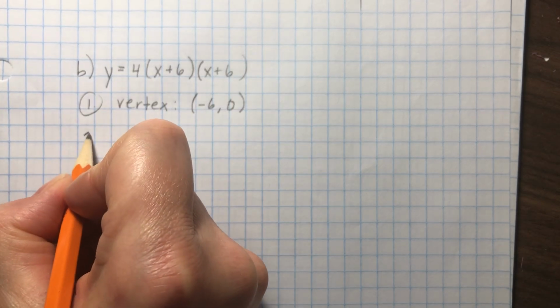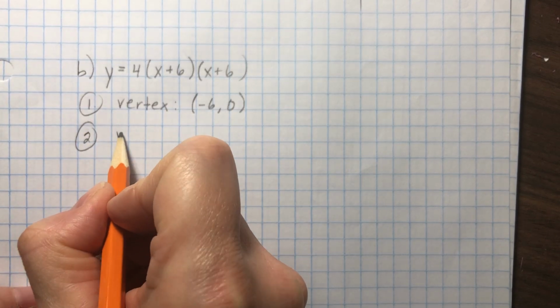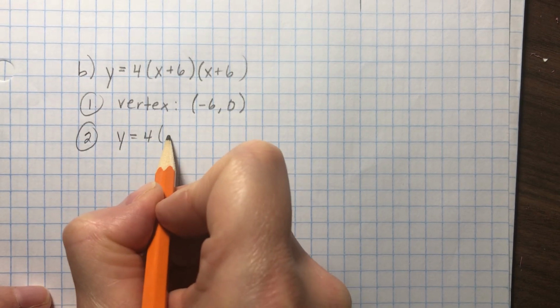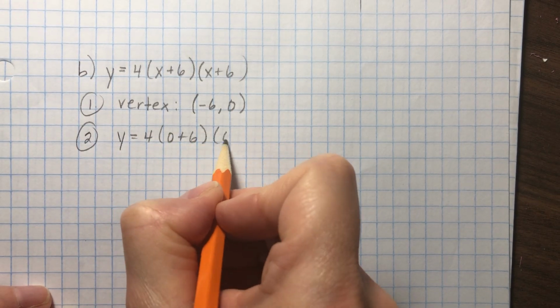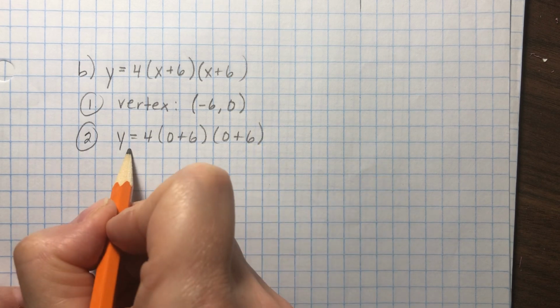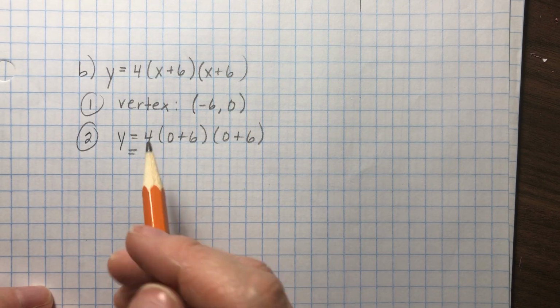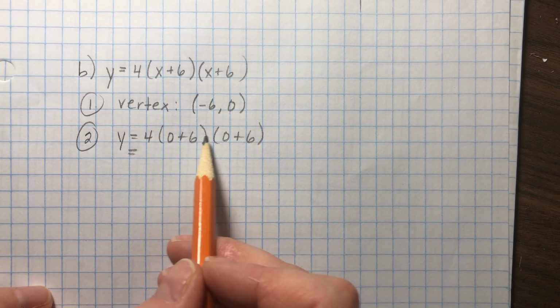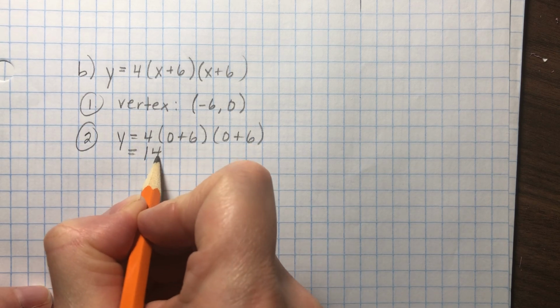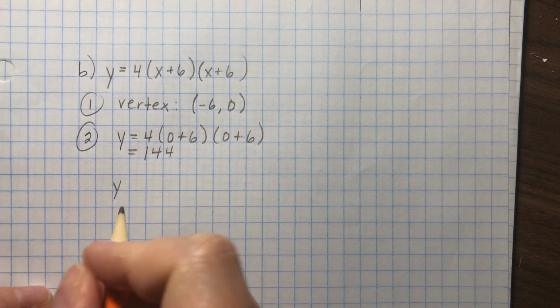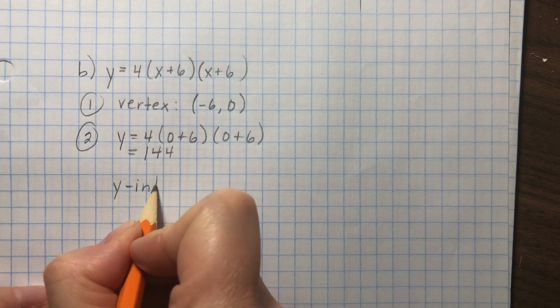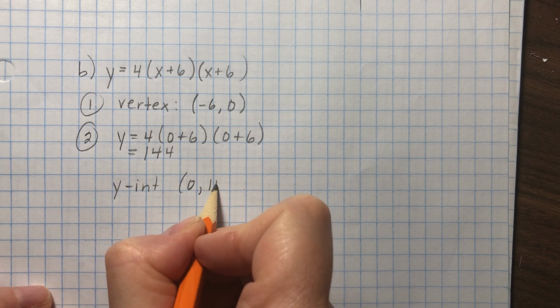Second step, we're going to find the y-intercept by setting x equal to 0. Okay, so now evaluating 4 times 6 times 6 gives me 144. So the y-intercept will have the coordinates (0, 144).